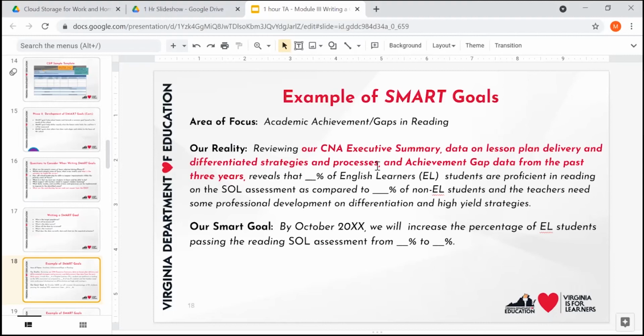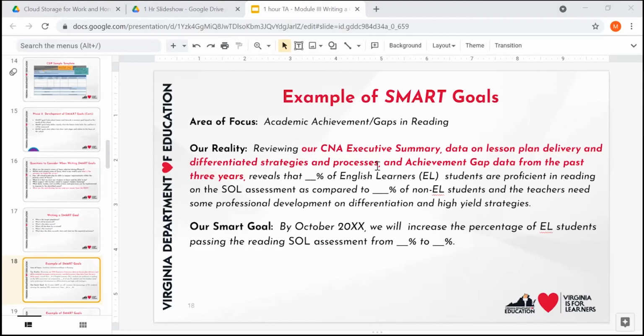So you look at that, that's multiple sources of data, reveals that this percentage of English learner students are proficient in reading on the SOL assessment as compared to this percentage of non-EL students, and the teachers need some professional development on differentiation and high yield strategies. That's the reality. Then the SMART goal becomes, by October 2000, whatever, we will increase the percentage of English learner students passing the reading SOL assessment from where we are to where we want to go, the other percentage.